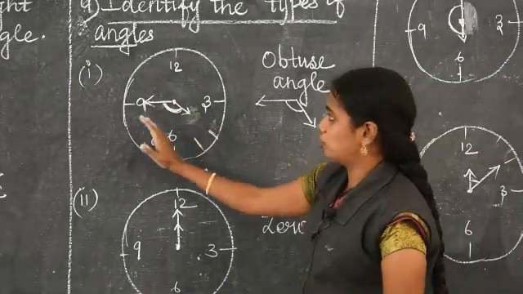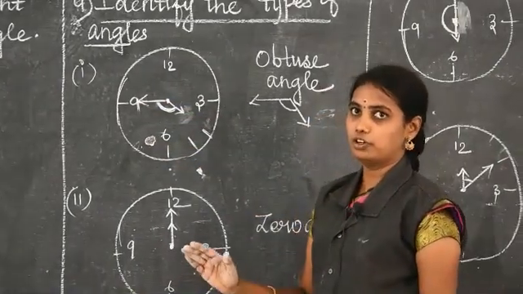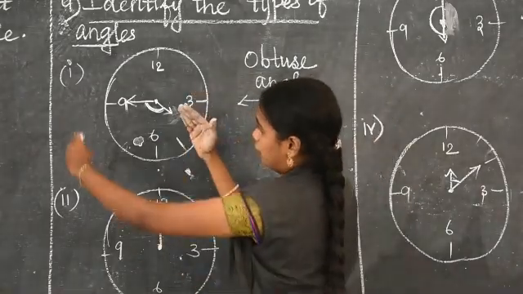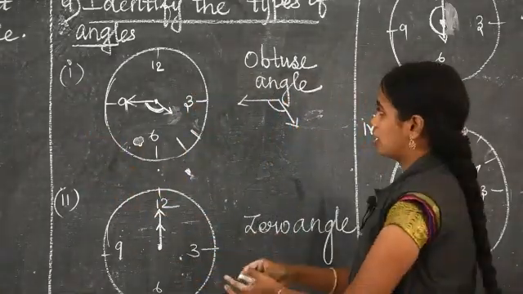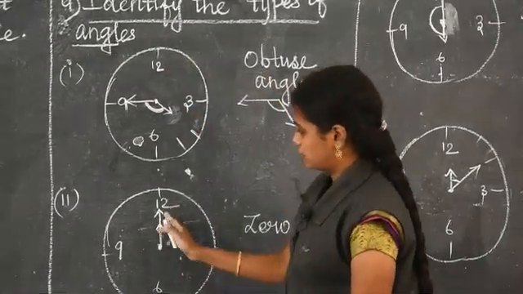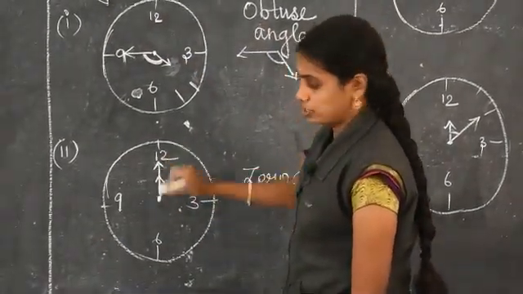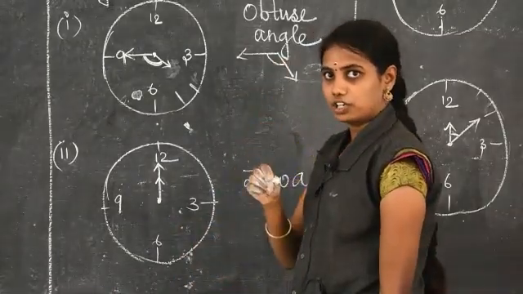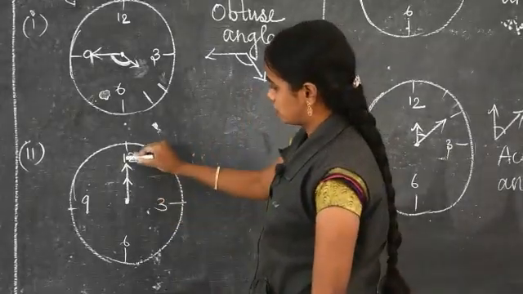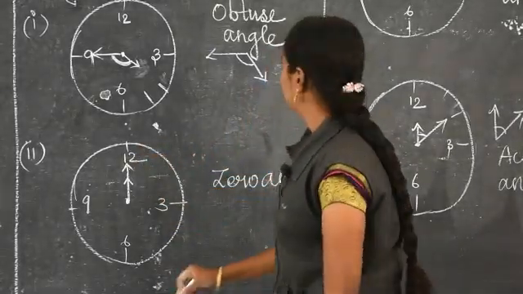Don't measure from left to right. This is your right side. Right to left you have to measure an angle. So right to left, the angle is obtuse. Likewise here we have the same direction, so the angle will be 0. It is at rest, so it is a 0 angle.